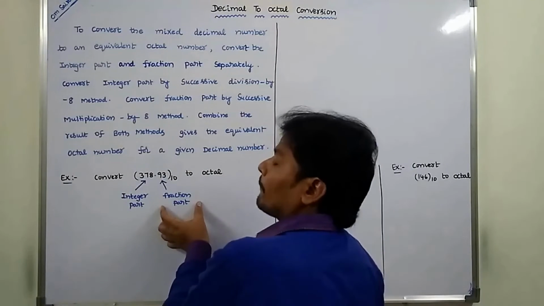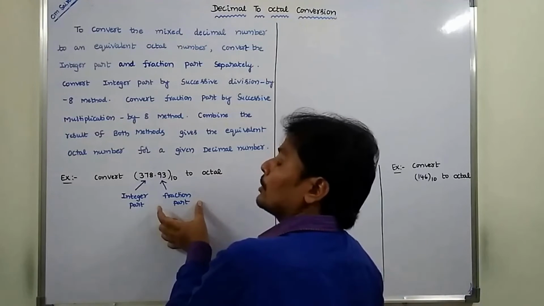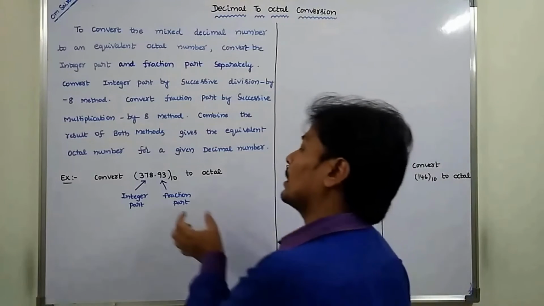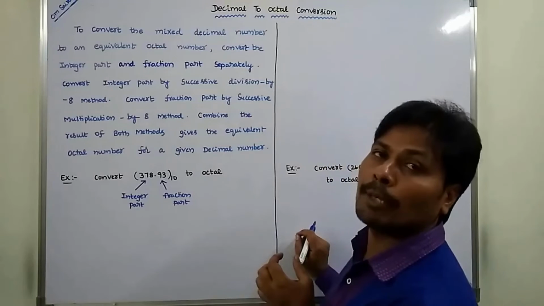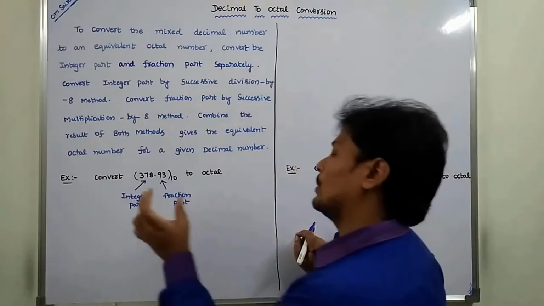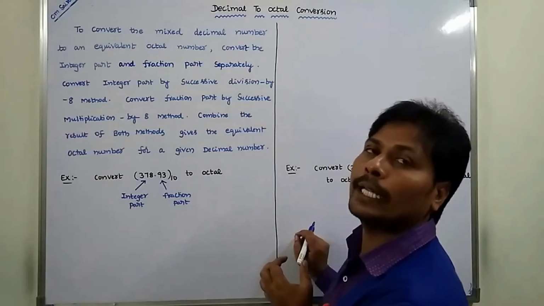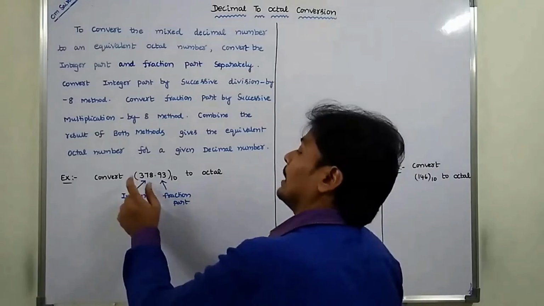To convert the decimal fraction number to the equivalent octal fraction number, we have to use the successive multiplication by 8 method.